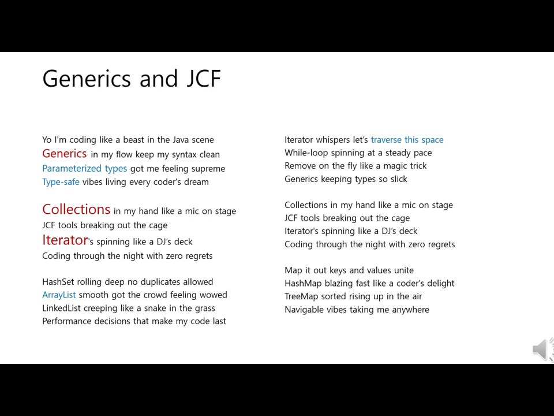Linked list creeping like a snake in the grass. Performance decisions that make my code last. Iterator whispers, let's traverse this space. While loop spinning at a steady pace. Remove on the fly like a magic trick. Generics keeping types so slick.